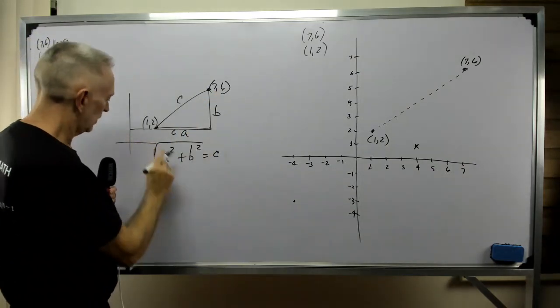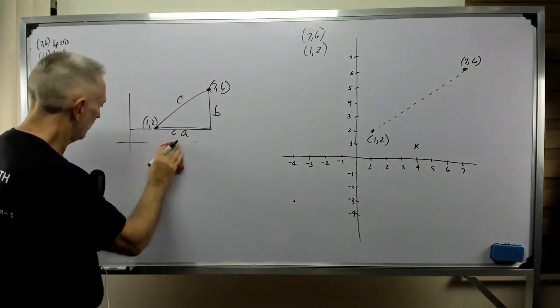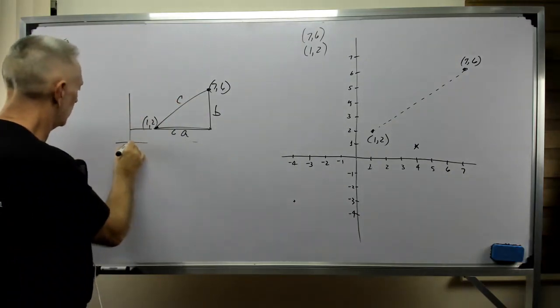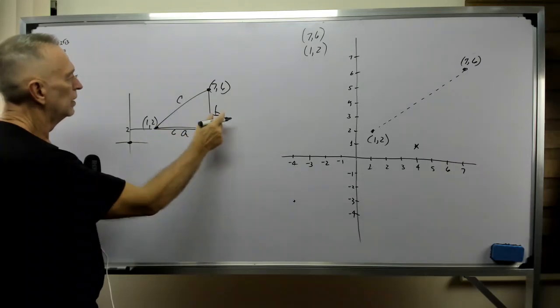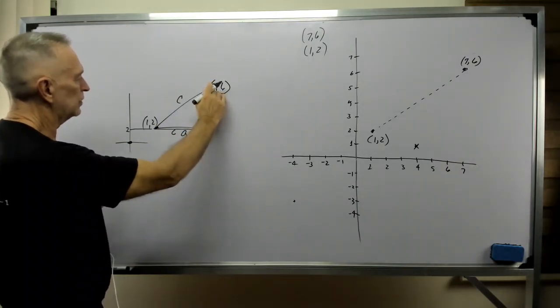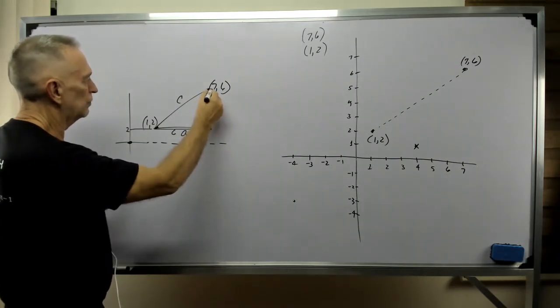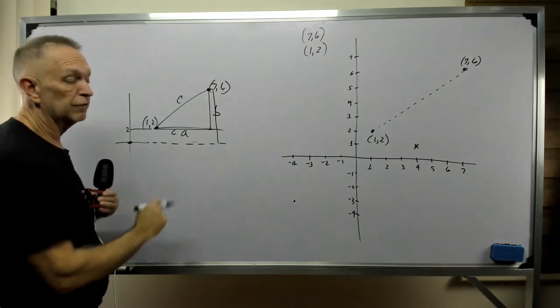You'll see that we're not at 0, we're up 2 units, and then this is up 6 total from that axis. So this full length of 6 minus the 2 gives me this height of 4.